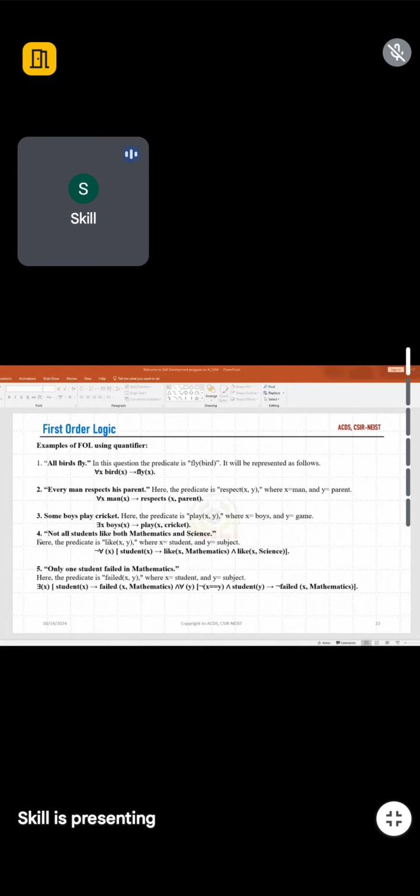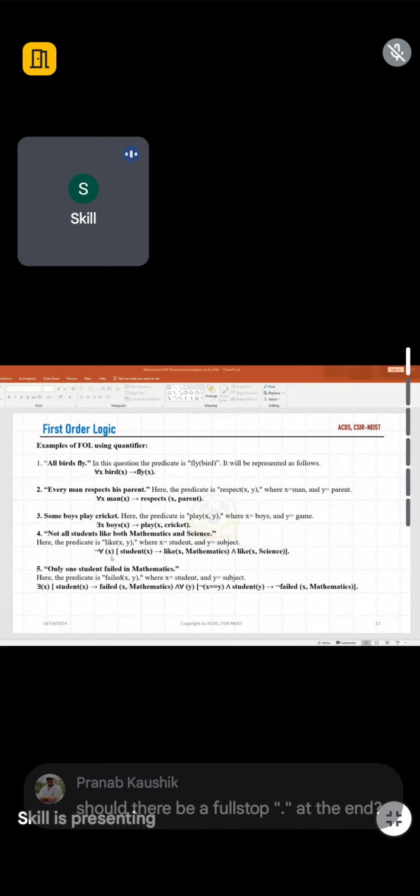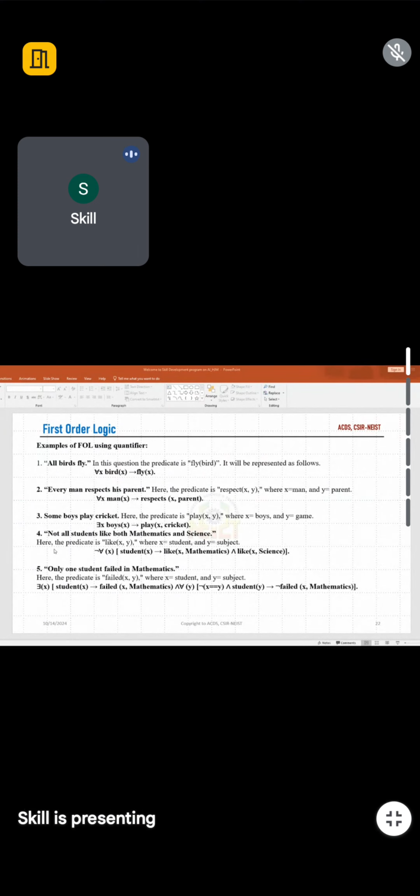Then in the fourth example, not all students like both mathematics and science. Here the predicate is like(x, y), where x equals student and y equals subject. Here we are using the negation sign and for all. If we were writing all students, then the negation would not be used, so we write negation for not all students.